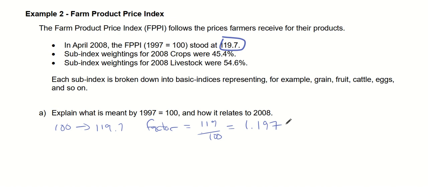So that's a factor of 1.197 that it jumps by. It represents the increase in price of 19.7% in a sense, because in reality, it's really 1 plus 0.197, and this is the percentage-wise.